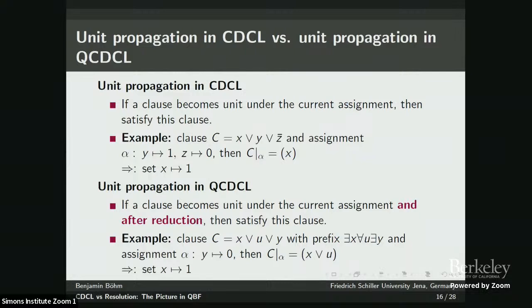Then if you apply this assignment to C, you get X or U. This is not particularly a unit clause, but in QCDCL it works as a unit clause because you can simply reduce this U, because nothing is to the right of U. Therefore you have to set X to 1. So this is how unit propagation works in QCDCL compared to CDCL.